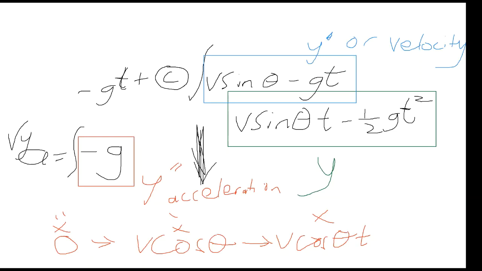Wait, how do you find the coordinates of the highest point? You differentiate y and find the turning point of the parabola. If you look at y, it's basically a parabola equation because it's a quadratic, since y equals something times t squared. So you just pretend t is x.